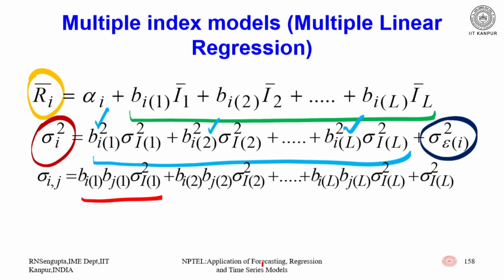X1 means I1, and similarly for the last case I would have beta_iL beta_jL, where i and j are for the stocks, into sigma square L. Do not be too bothered about the equations; we need to solve them in order to understand their practical significance.